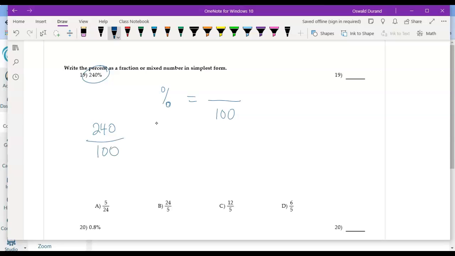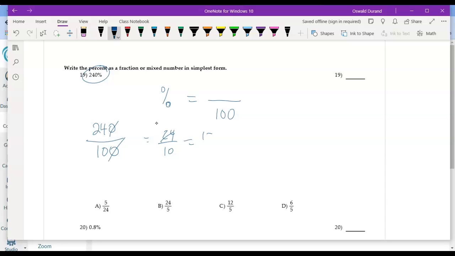Very straightforward. And then after that, you simplify, right? So you have 240 divided by 100, you divide both by 10, and you lose the zeros there. And then you're left with 24 over 10. Actually, I need to divide by 2, I'm sorry.